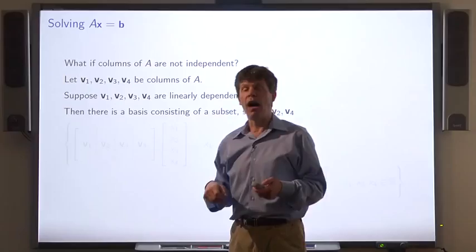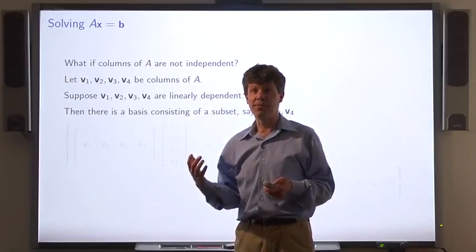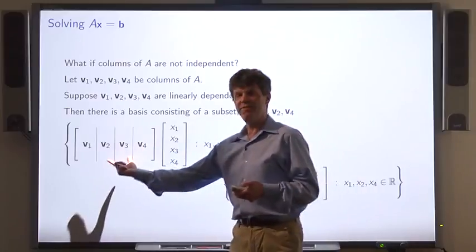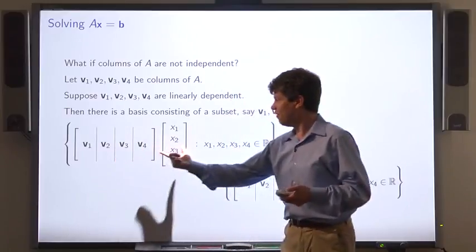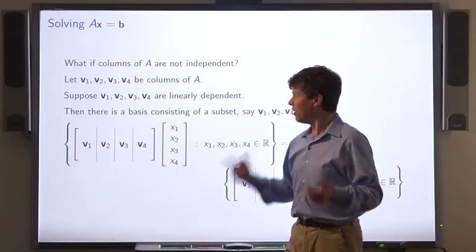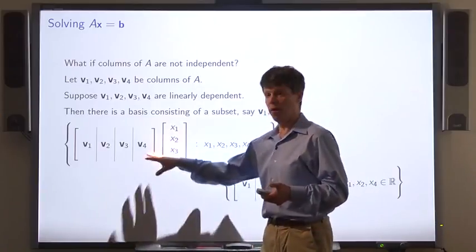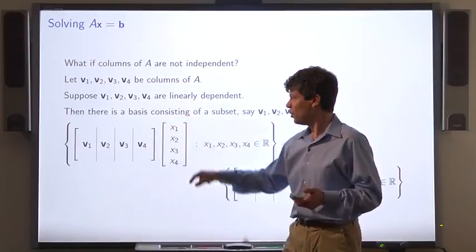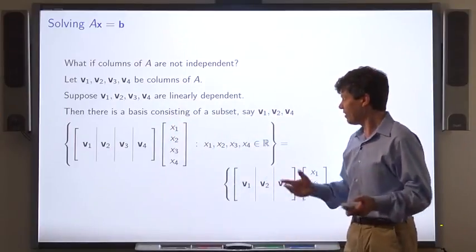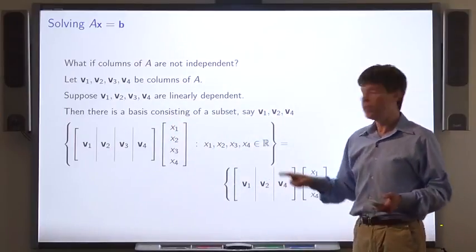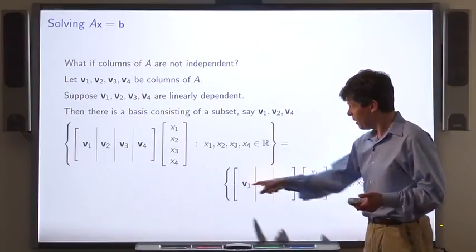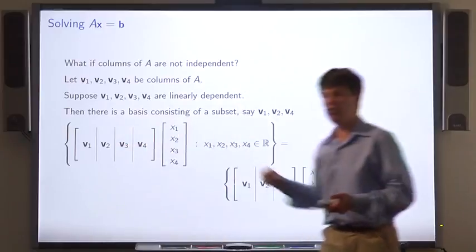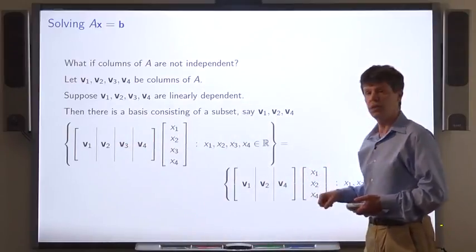We're trying to find a vector A times x that's equal to b. But the set of all vectors of this form, A times x, is the same as the set where we omit the vector V3, because V1, V2, and V4 span the same space as V1, V2, V3, and V4.